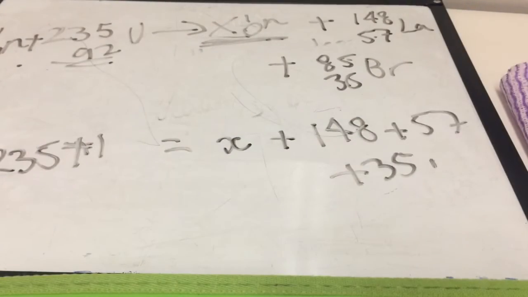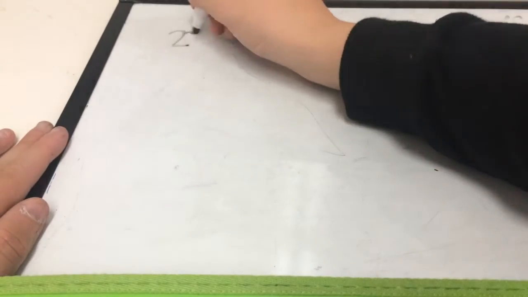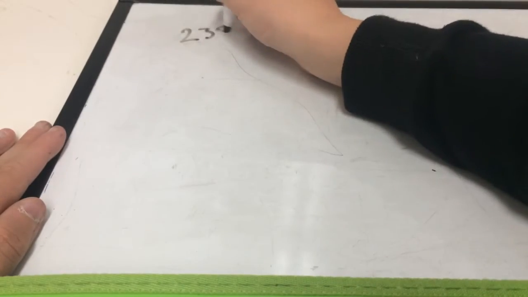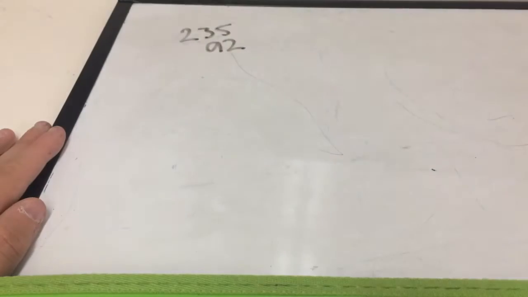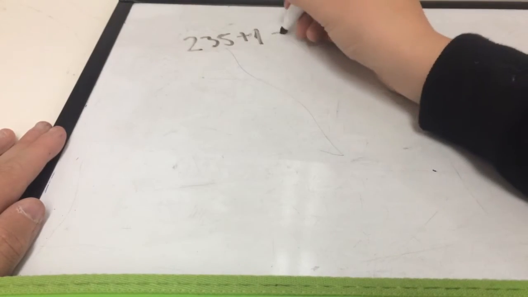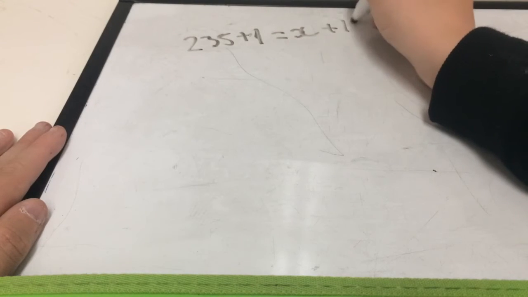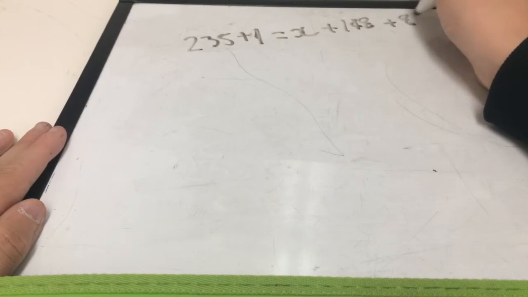Let's work out all the rest of the numbers. We all know this one's going to be 236. This one has got to equal X plus 148 plus 85. So X is the number of neutrons that gets released.